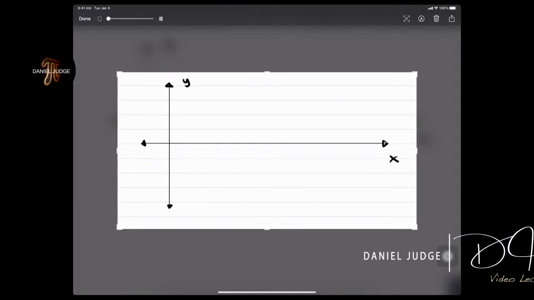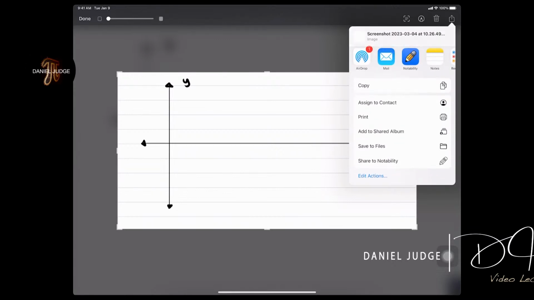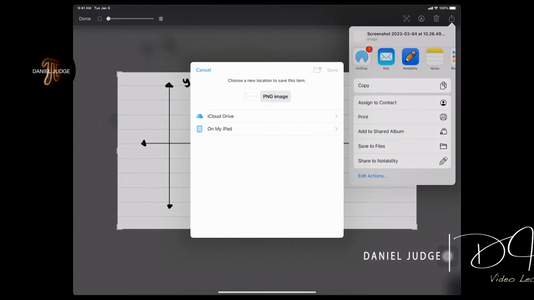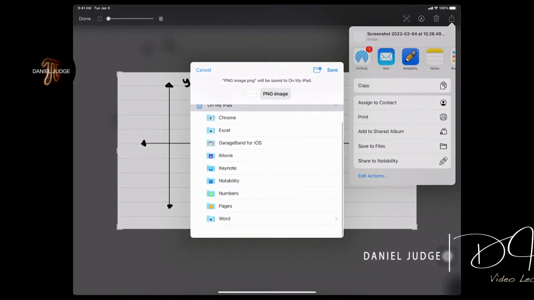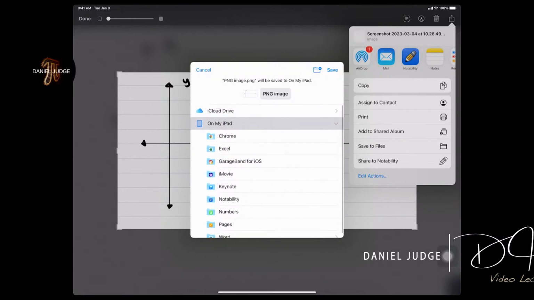All right, I'm going to save that. I want to save it to my images.